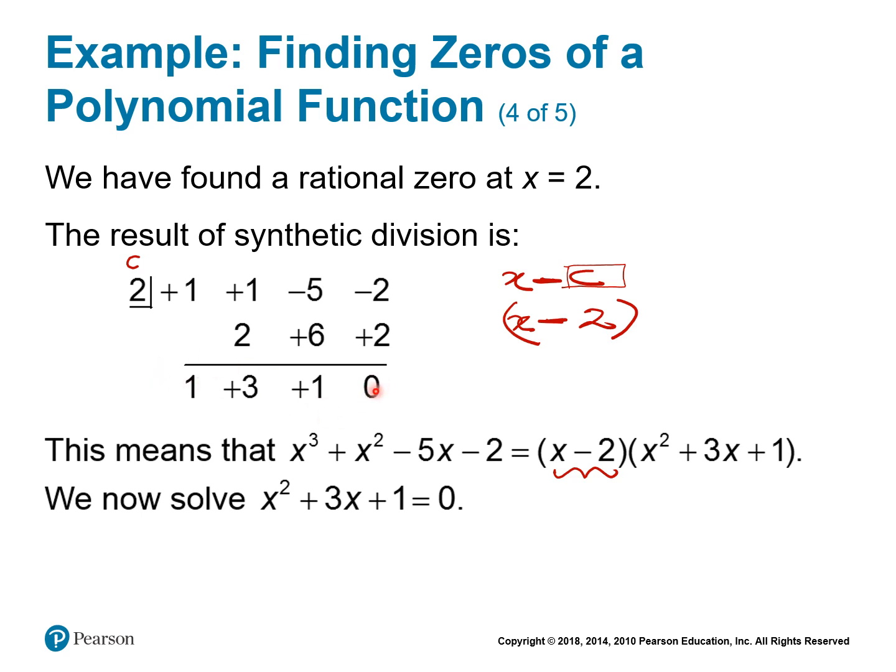The last value on the right hand side, extreme right, is the remainder, and all the other numbers to its left represent the coefficients of the quotient, right? But these are just the coefficients. We have to give these a variable with the appropriate exponent and then write it as one of the factors of the polynomial.